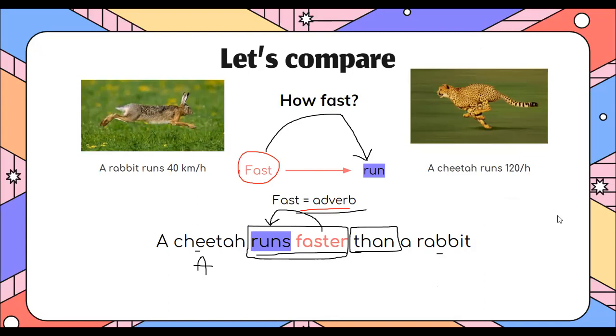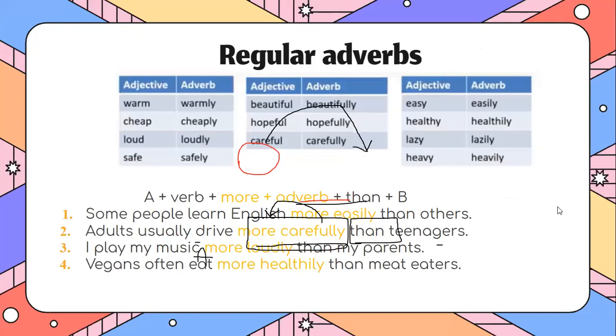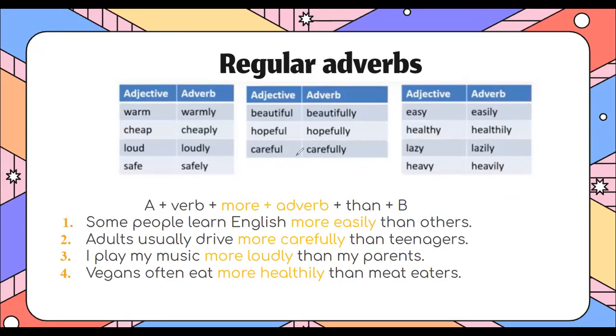Let's continue. What you have here are all the regular adverbs, and they are really simple to use. I would say that regular adverbs are the majority of the adverbs. For example, we can transform adjectives into adverbs. Warm, which is cálido, I can say warmly. Cheap, cheaply.